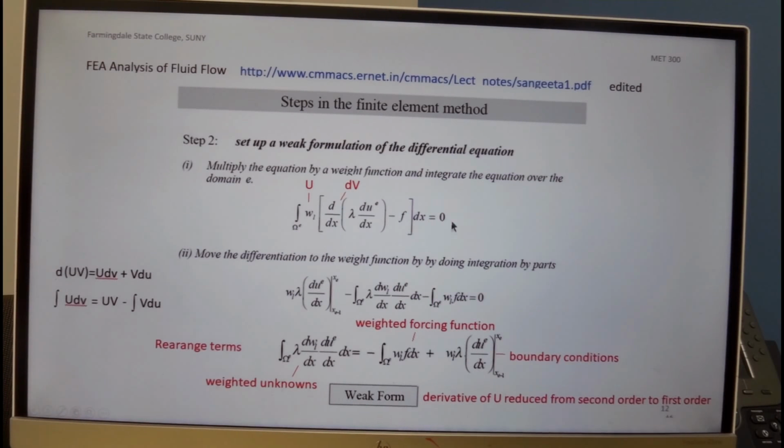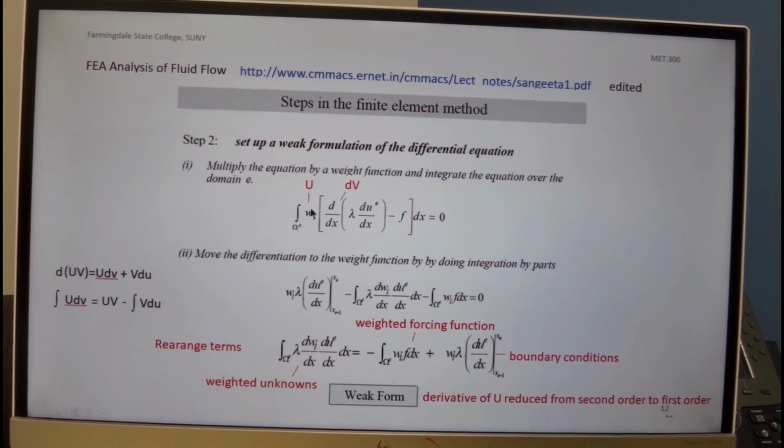So in the Galerkin formulation, if we define u as being the shape function, and dv as being the basis equation, dx, and this will be v, then the formulation by parts makes this equal to uv minus the integral of v du.